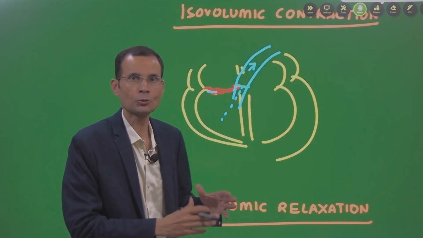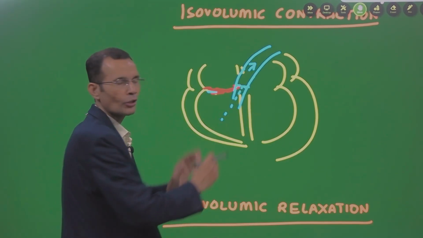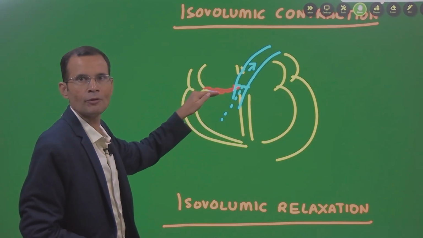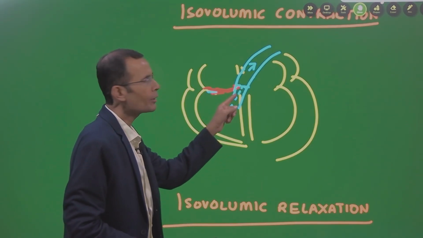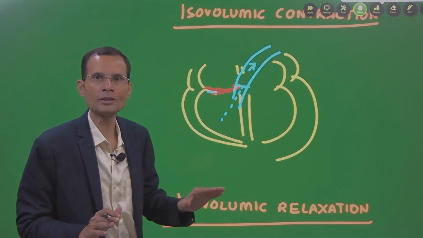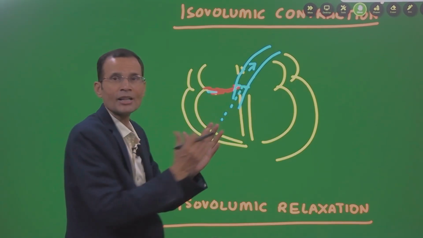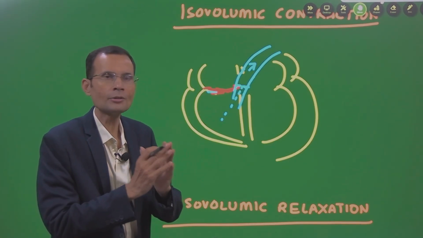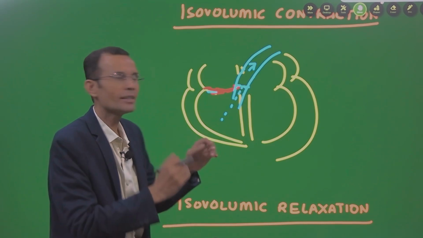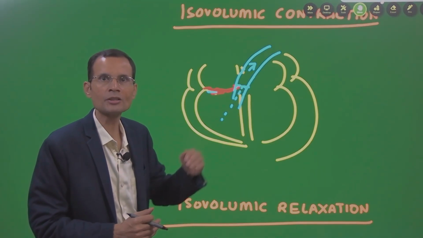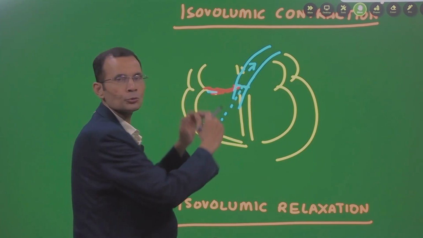Ventricle has gone into systole. So isovolumic contraction means ventricular pressure is rising. Tricuspid valve has got closed, but pulmonary valve has not yet opened. So ejection could not be started. Now because of this kind of isovolumic contraction, pressure is building up in the right ventricle and there is no let off to that pressure. The pressure is mounting against these two closed valves.